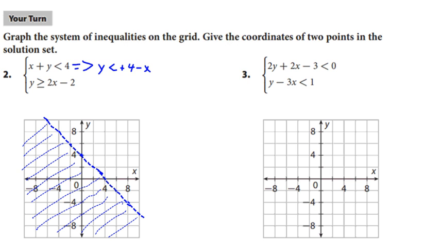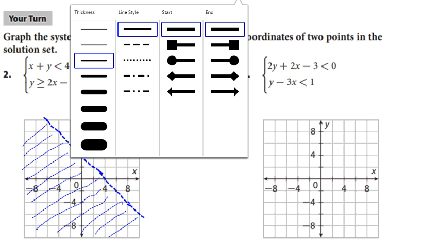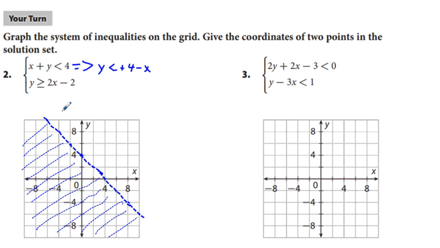Next, y is equal to and greater than 2x minus 2. And so for this, I'm going to go get a red, in this case solid line, because equal to, greater than, so we have 2x minus 2. So we have -2 is going to be our y-intercept, and we go up 2 over 1, and down 2 over 1.